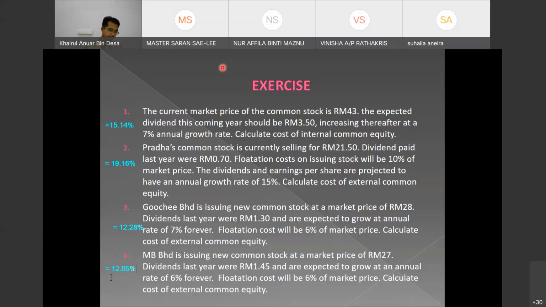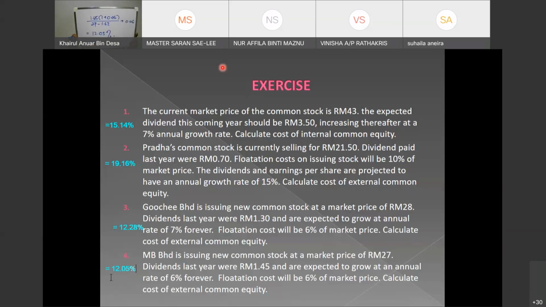So if we plug into the formula, saya tulis sekali lagi: 1.45 times (1 plus 0.06), divided by 27 minus 1.62, plus 0.06. Nampak dekat lah.